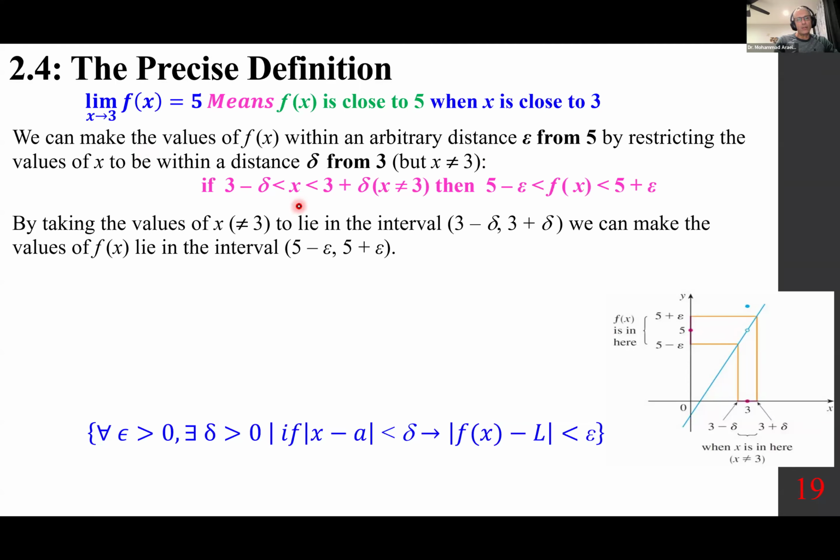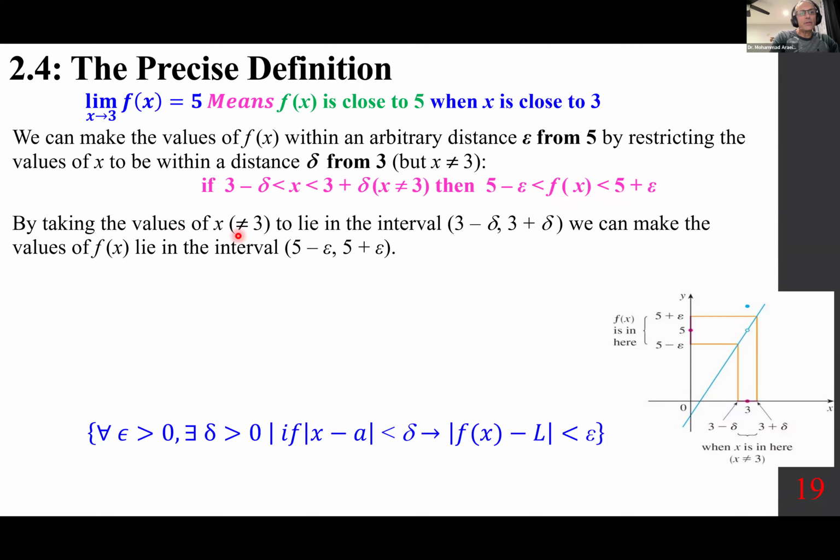Remember, when you have an absolute value, you can drop the absolute value if this value is positive, and it is the case. You can sandwich it between a negative and positive value. Okay, so that's what happens here. X minus a is between negative and positive delta, and then you move the a to the other sides. Then 5 minus epsilon is less than f of x, less than 5 plus epsilon.